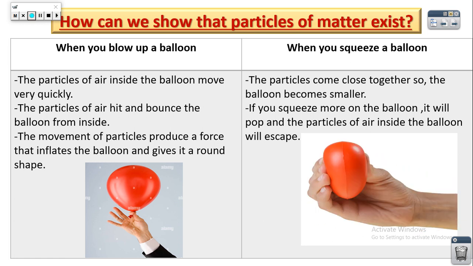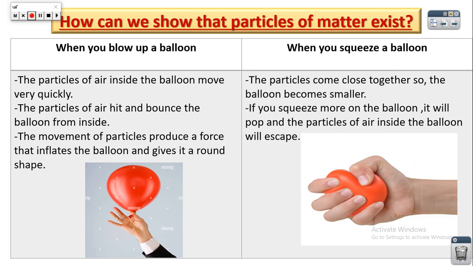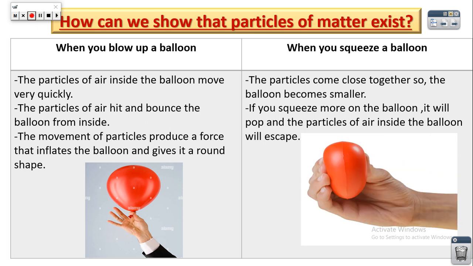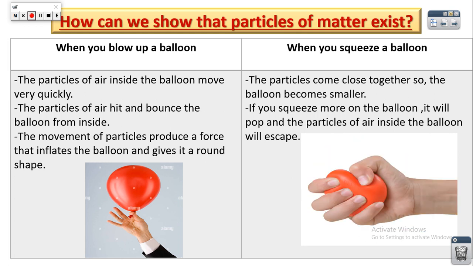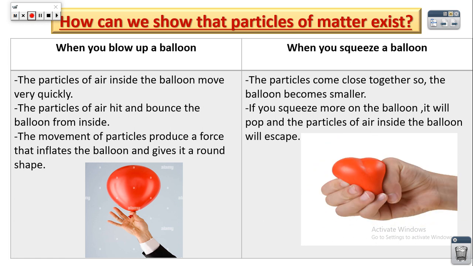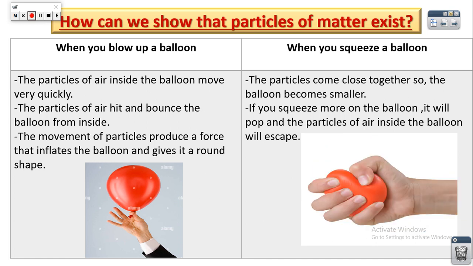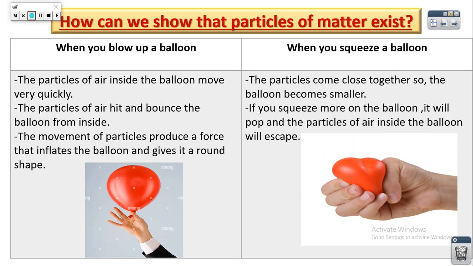So the particles of gas will move in all directions inside the balloon. And when they are moving very quickly, they hit the balloon from inside. The faster movement of the particles of air makes a force. This force makes the balloon inflate or blow up.